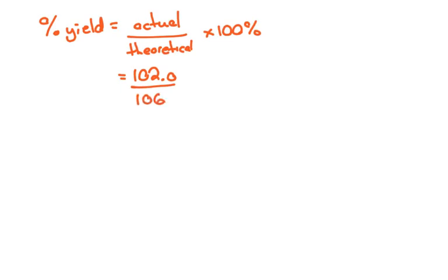In theory, we should have made 106. Working that out, and we need 3 sig figs in this question because of what was given to us, we get that we have a 96.2% yield, which is actually incredibly good. Anything over 90% in an actual chemistry lab is considered successful, so this one was quite successful.